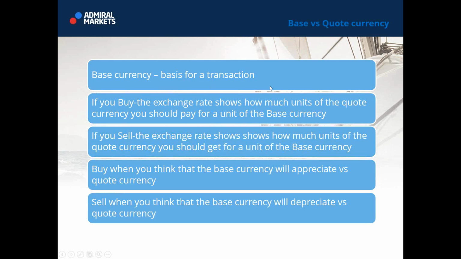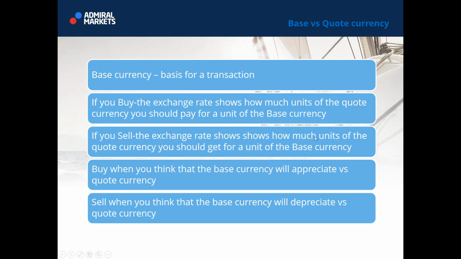Now, because we also have some new people always on webinars, I will just explain what is base versus quote currency. So when we say pairs, we think about base and quote currency. Base currency is a basis for transaction. So if you buy, the exchange rate shows how many units of the quote currency you should pay for a unit of the base currency.